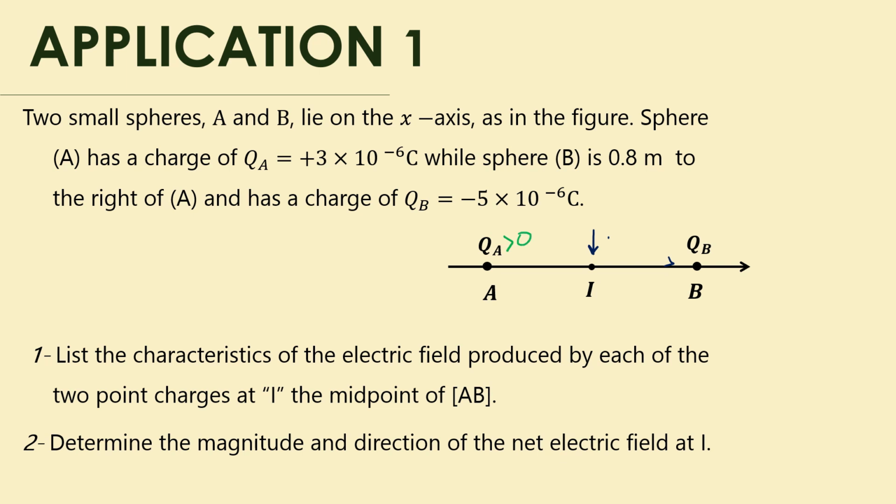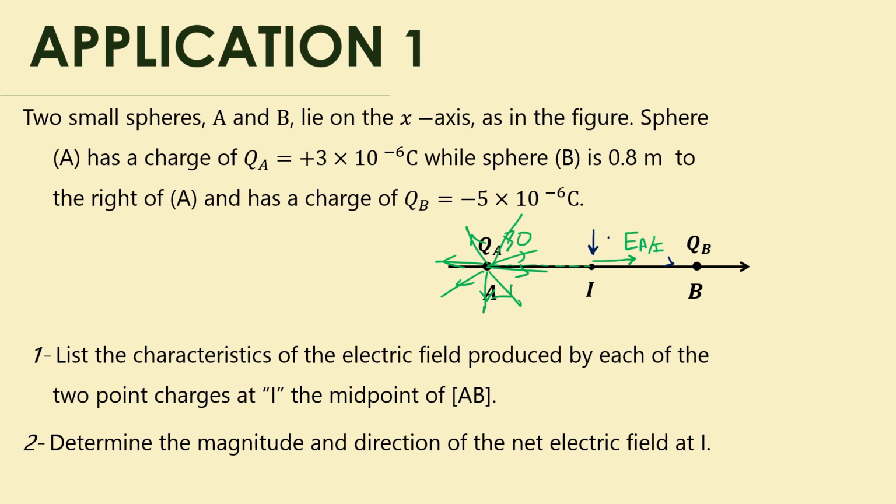As we know, positive charges produce electric fields going away from the charge itself radially, as if I'm drawing radiations coming out of the charge. These are not radiations, these are just virtual field lines. I'm interested in the field at I, so if I imagine AI to be joined by a radius, this is the direction of the electric field of A at point I.